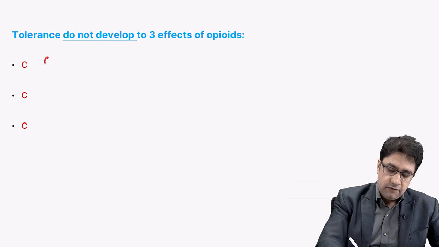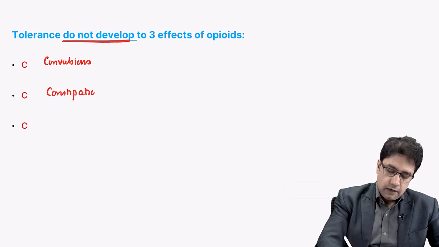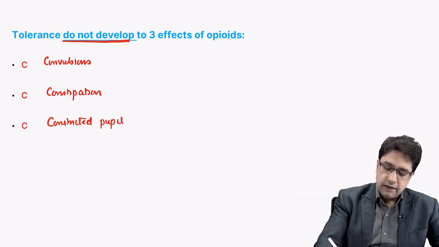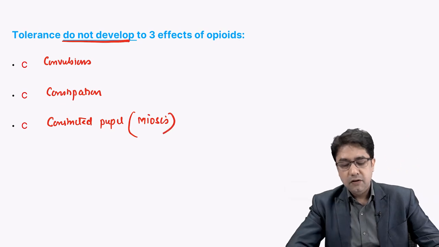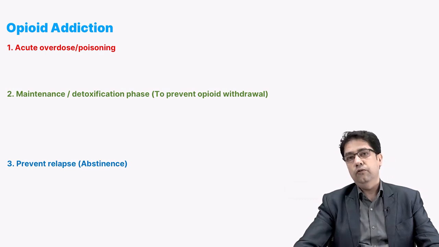The 3 Cs. First is convulsions. With convulsions, tolerance is not seen. Second is constipation. And third C is constricted pupil, which we can write as miosis. So these are the three effects to which tolerance does not develop, that means with time the effect does not reduce.